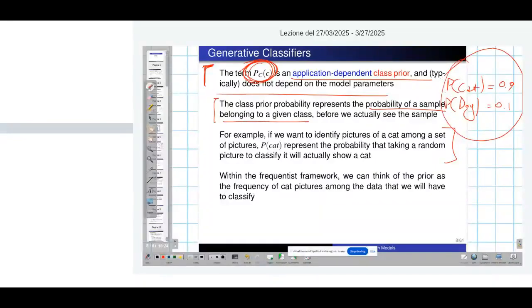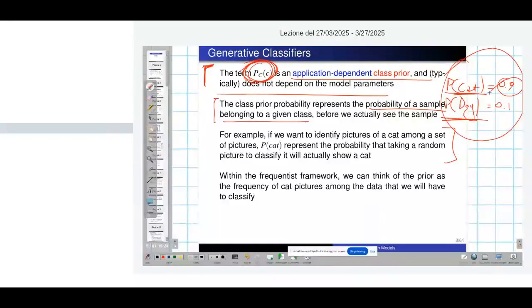It represents the probability with which we expect a sample belongs to a class before actually observing the sample itself. So if I were to take one of my pictures at random, probably with a 90% probability, it will be a picture of a cat.